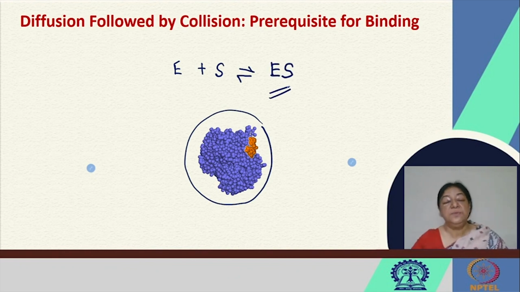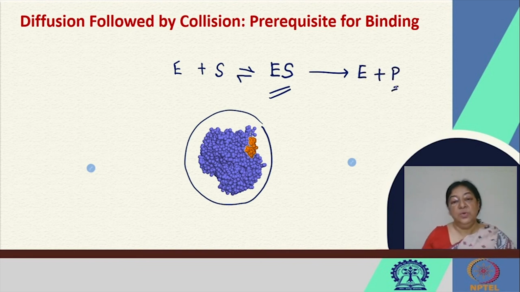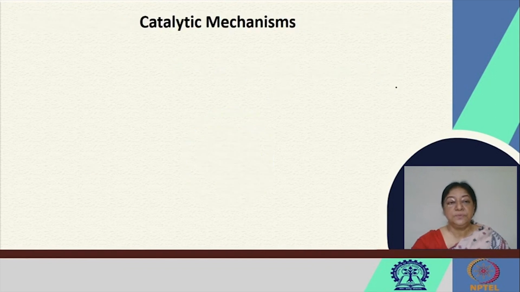And we realized from the energetics involved that we would require this to go to the enzyme and the product, which we will see in our discussion on kinetics in the next module of this course.